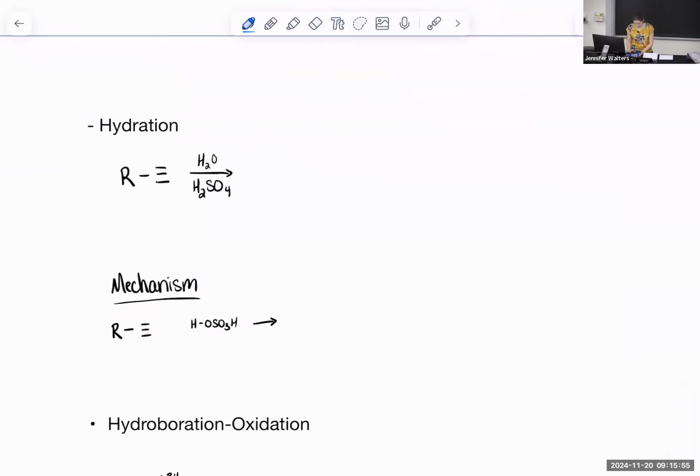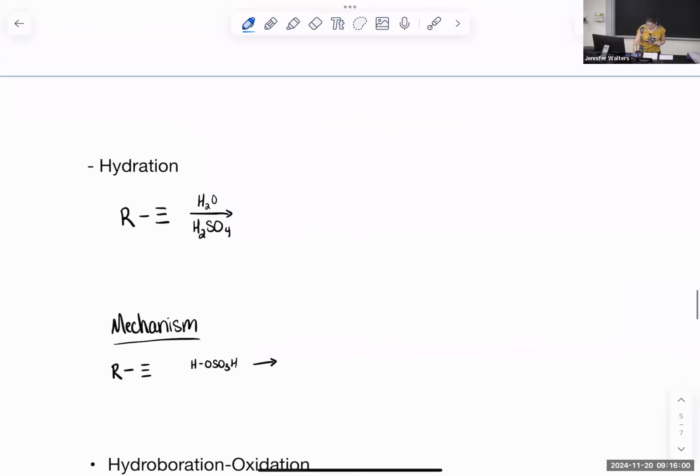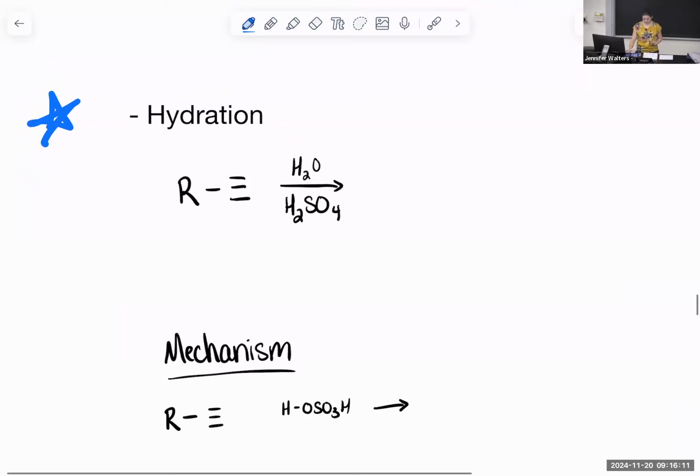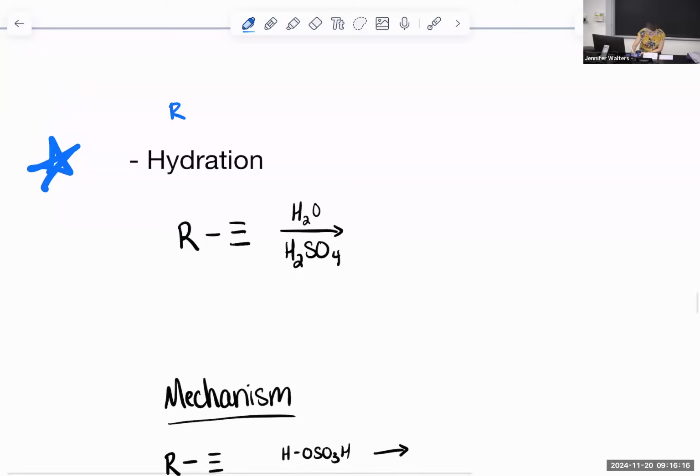When we do our hydration, these are going to lead to different products. Anytime you're adding an alcohol, we're going to see a different product formed. Normally, if you have that alkene and you add sulfuric acid and water, you would get the Markovnikov alcohol, right?